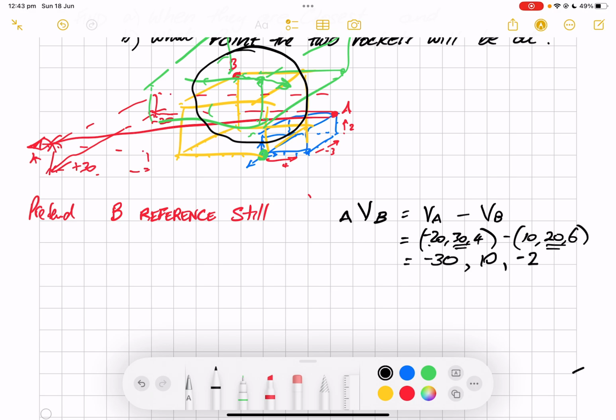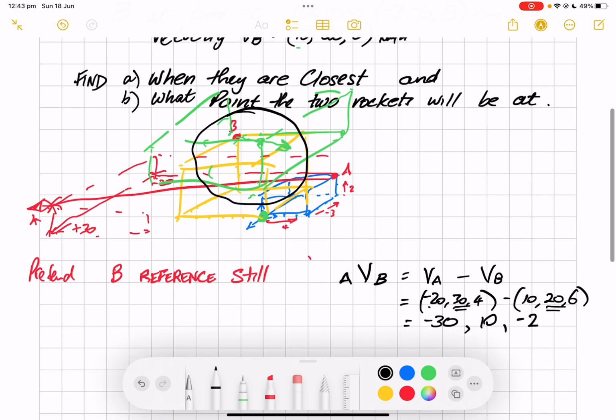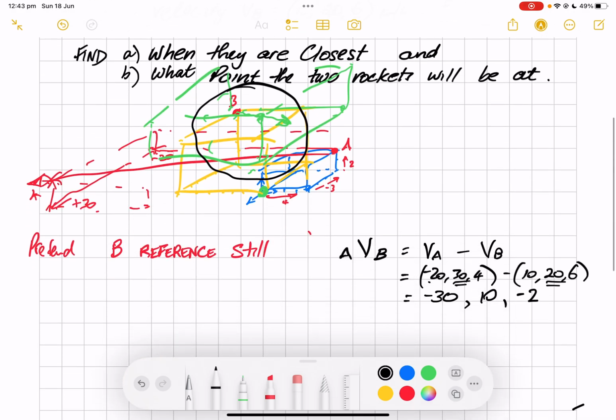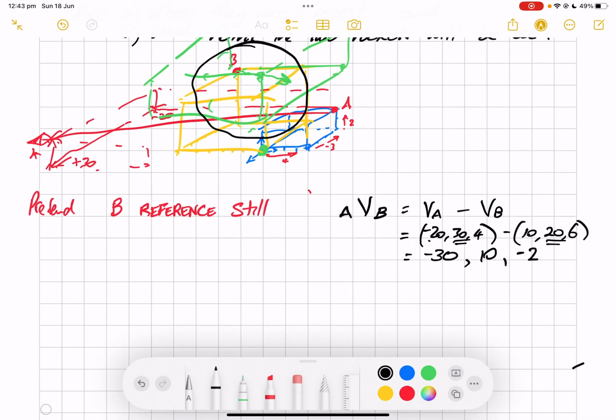So it looks like A is actually dropping because B is going up faster than A. B starts off at 5 and has a faster vertical speed. A starts at 2 and only has a vertical speed of 4. So you see A looks like it's dropping down according to B.